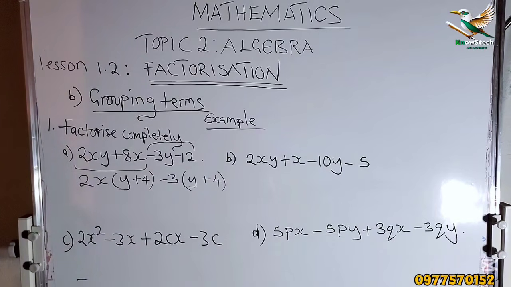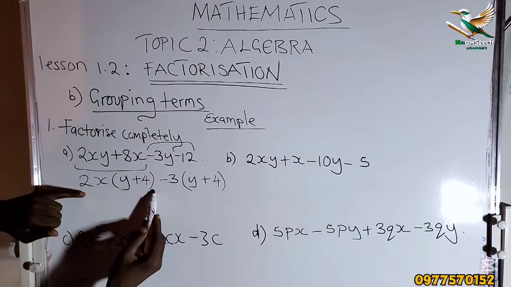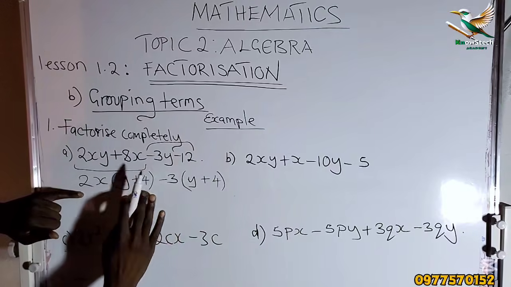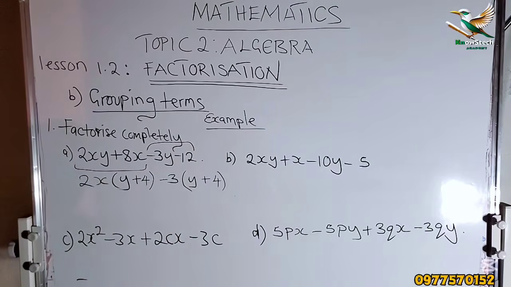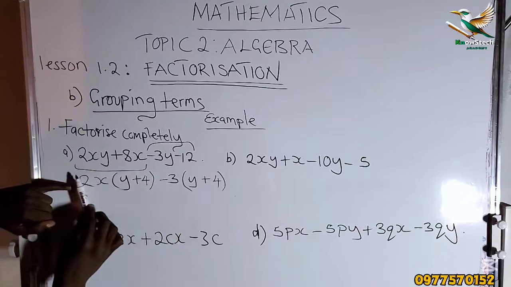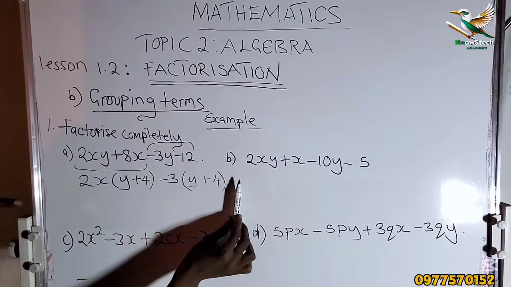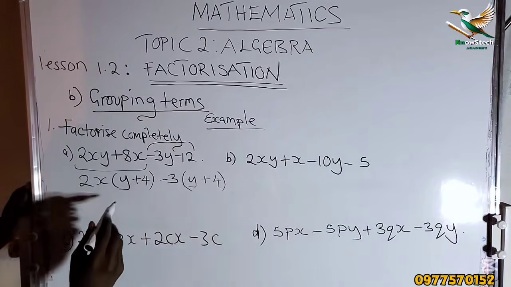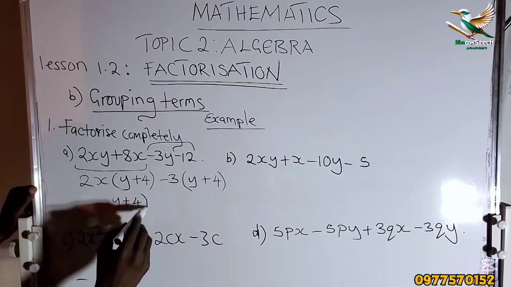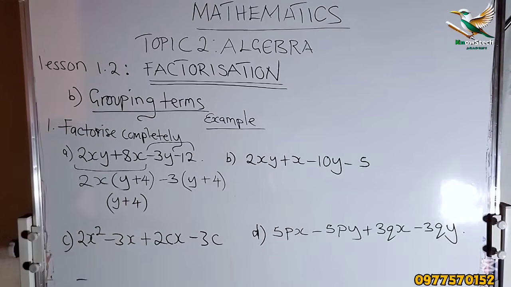Okay? Now, we have two terms. We have this term here and this side. Okay, so you can factorize it by common factor. So we have what is common, this side and this side. All right, which is y plus 4.